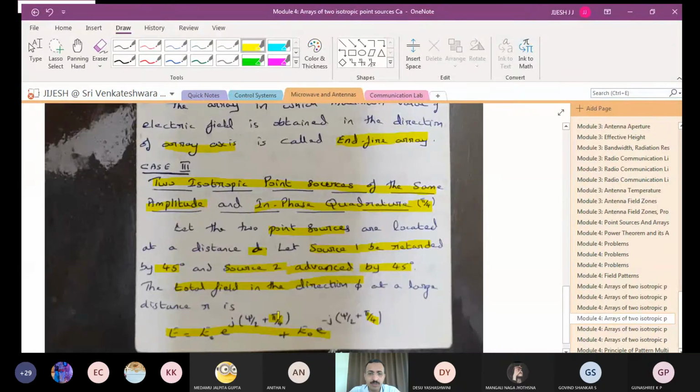Before that, you can try to simplify this. For simplifying the equation, that is E is equal to E naught e to the power of j (psi by 2 plus pi by 4) plus E naught e to the power of minus j (psi by 2 plus pi by 4), we are going to see now how best we can go ahead with it. So I'll move on further.